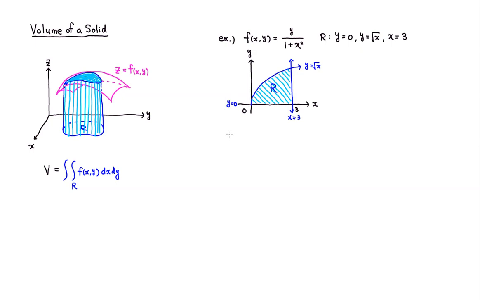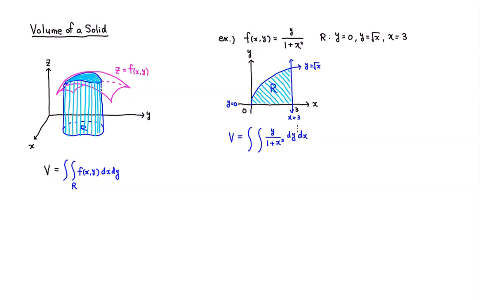So let's set up an integral. The volume V is going to be, let's see, which way should we do? The function is y over 1 plus x squared. I'm going to try to integrate with respect to y first, and after that with respect to x. To cover this entire region R, I'm going to first fix x.